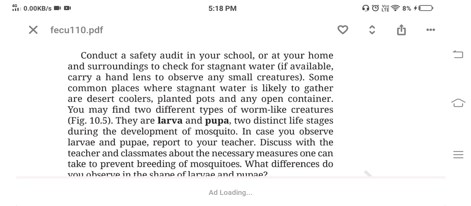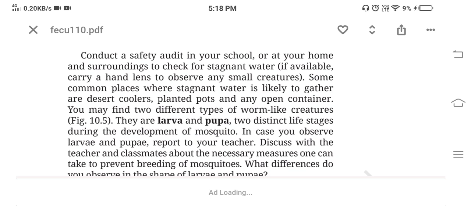Some common places where standing water is gathered are desert coolers, planted pots and any open container. You may find two types of worm-like creatures.